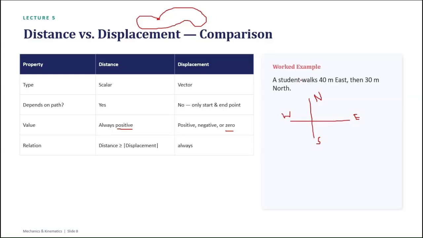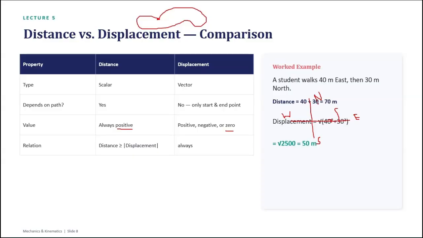So the student walks 40 meters towards east here, and then he walks 30 meters north. So 30 meters north from there we can have this point, right? So he moves here and then he moves here.